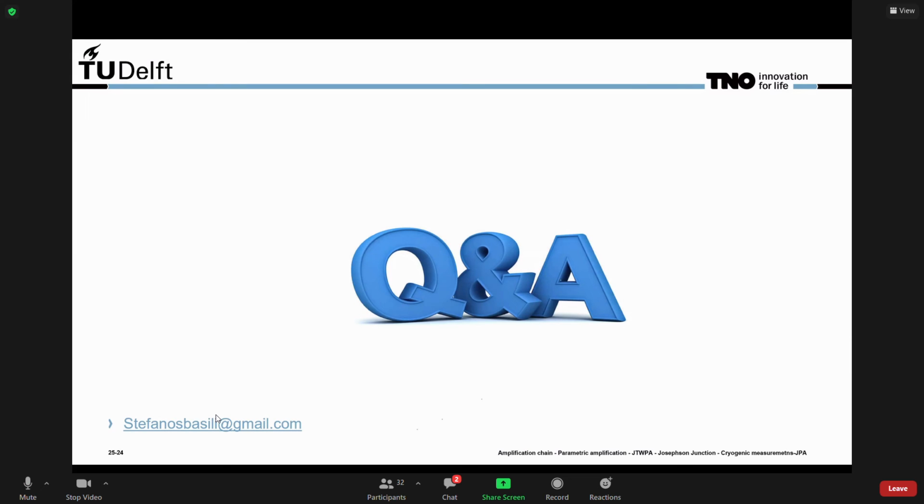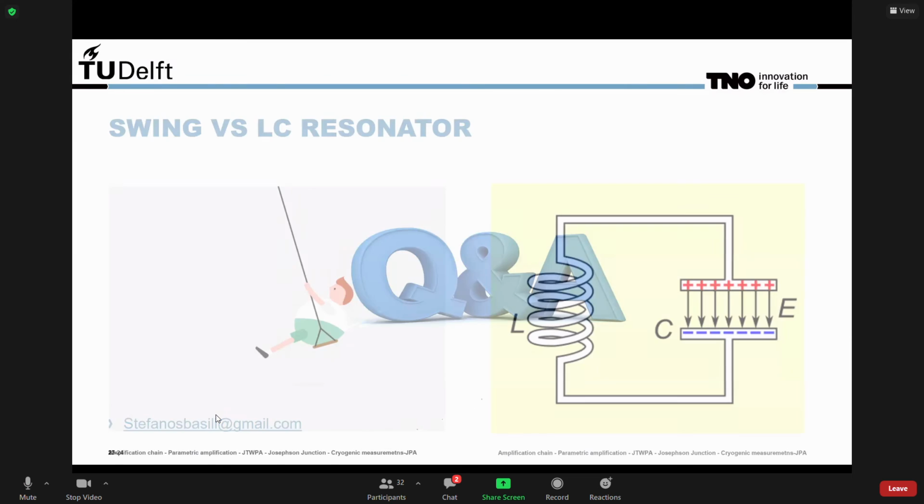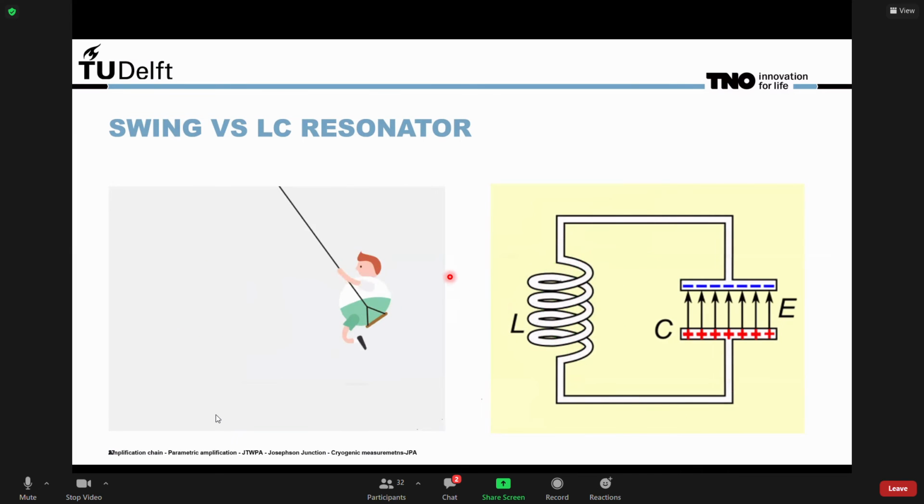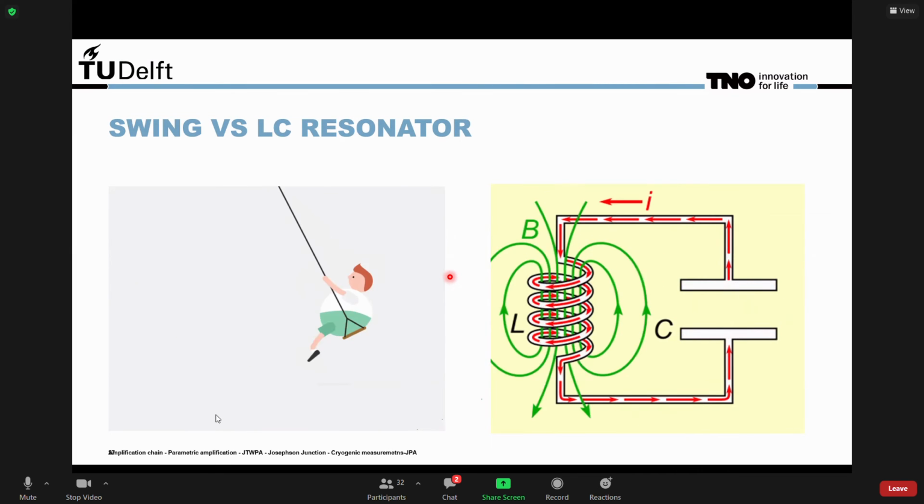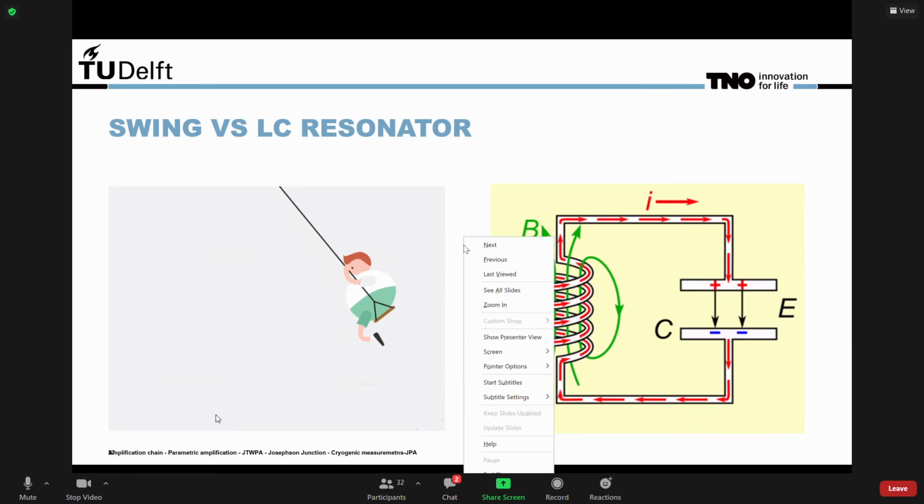So I actually prepared a slide for this. Both examples are actually harmonic oscillators. For the swing case, we have a boy on the swing. When he starts at the highest position, he has the most potential energy, but no velocity.